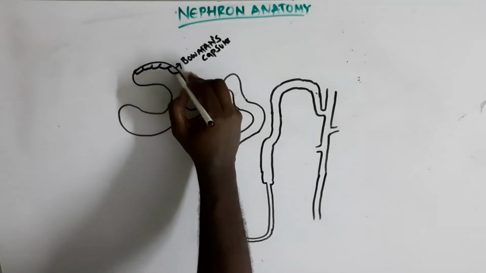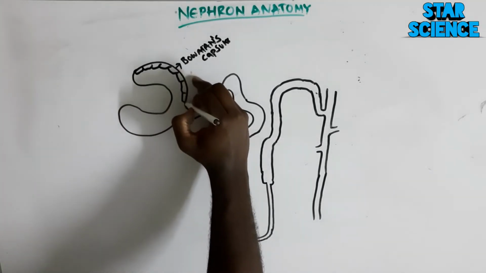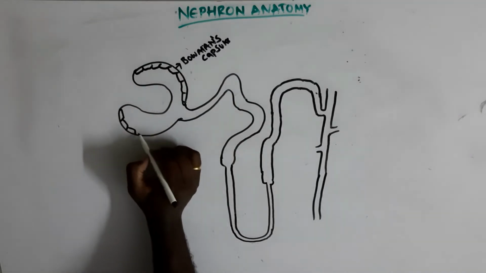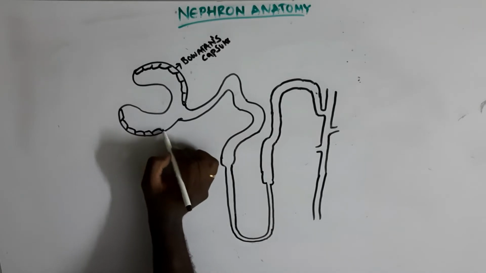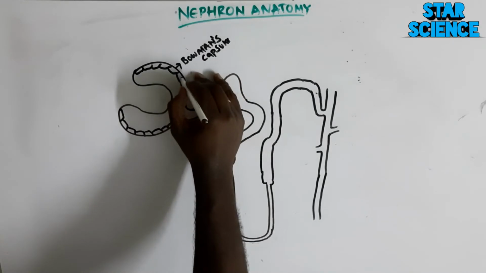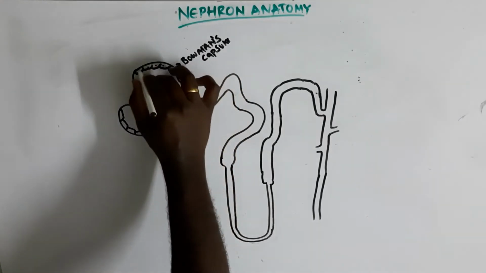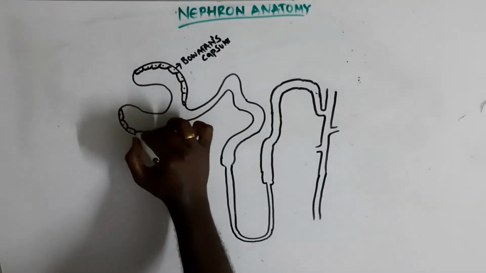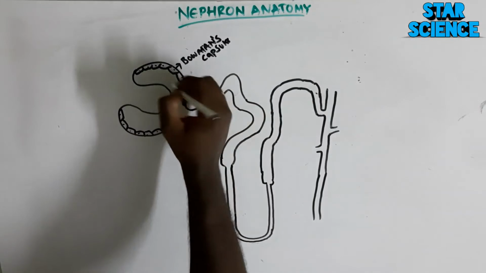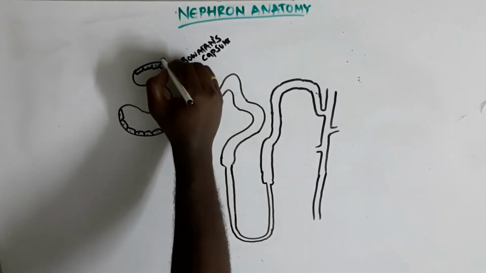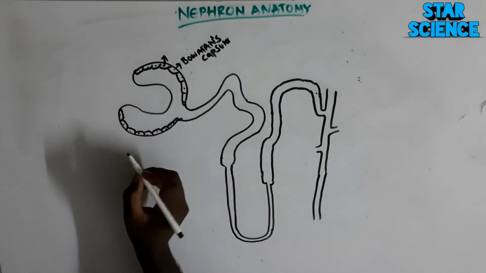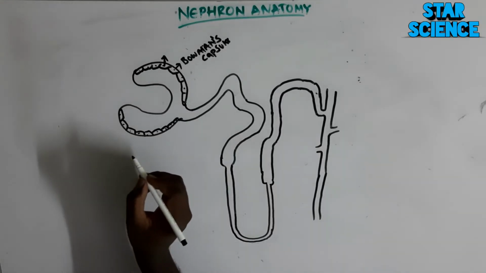In between the parietal layer and the inner part of the cell, we'll go into detail in a later lecture, there is a space where the filtrate, filtered by glomerular filtration, will be collected.